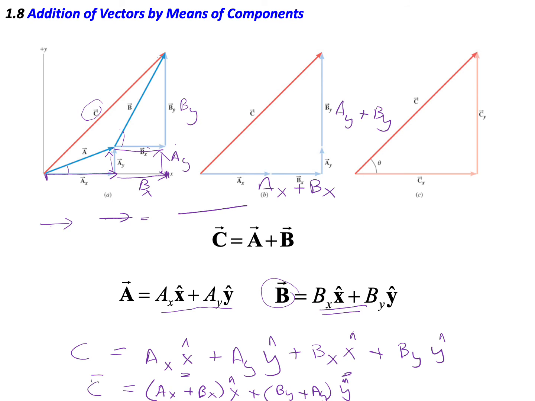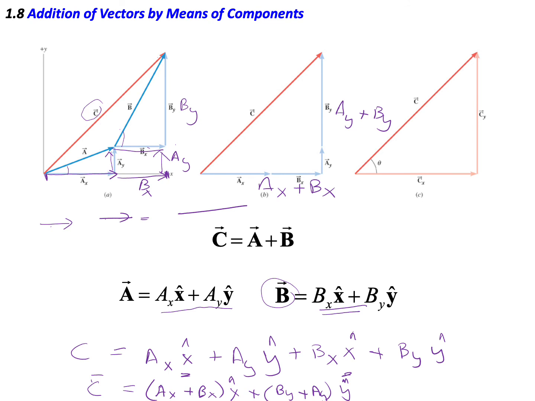That's the second way of adding vectors. The first way is just to draw the vectors to scale following tail to head. And the second way is the component method.